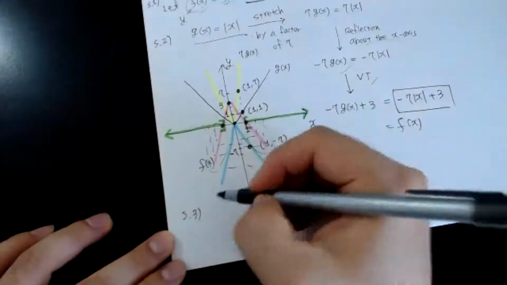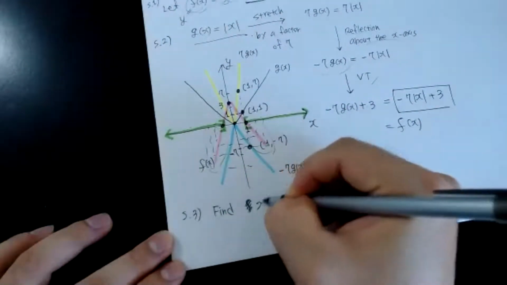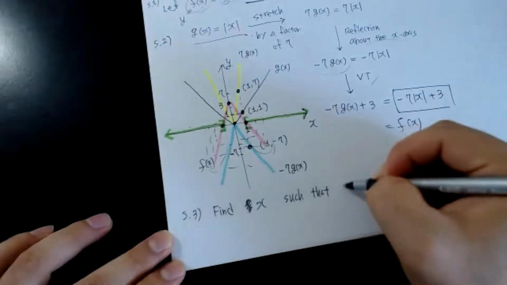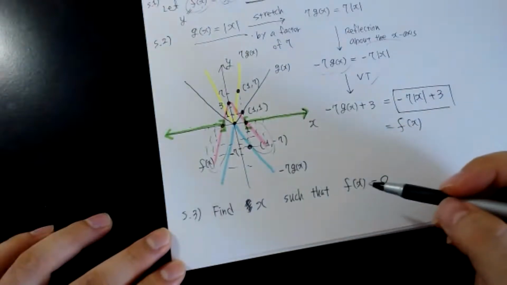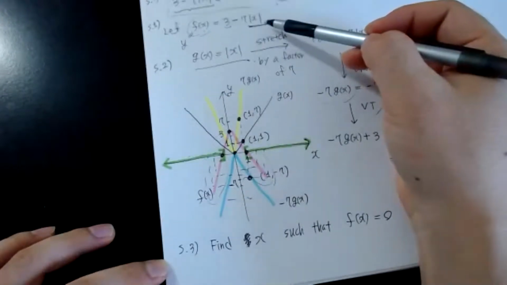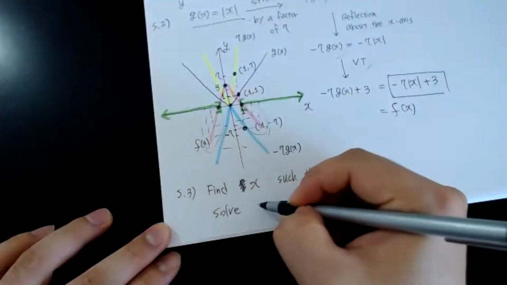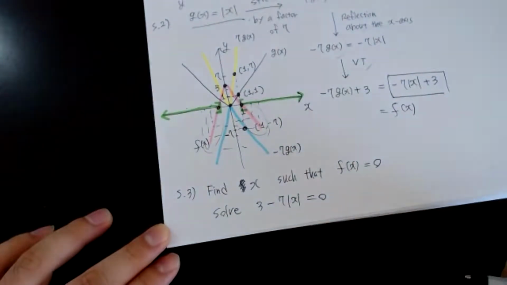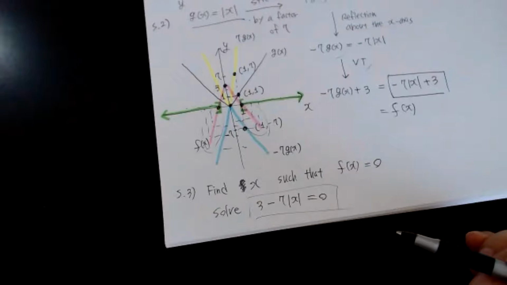So we have to find x such that f of x equals 0, right? So what's f of x? f of x is defined as 3 minus 7 times the absolute value of x, right? So we have to solve 3 minus 7 times the absolute value of x equals 0. The solution of this equation must be the x coordinate of the x-intercept.